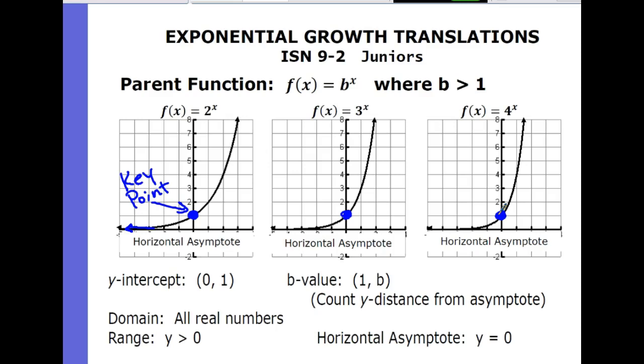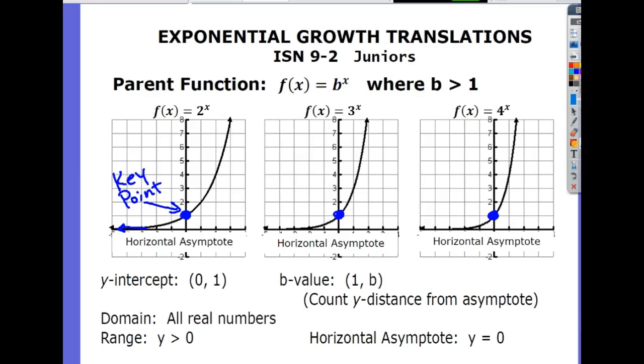Do you see that they all have a y-intercept at 1? And they all have, all of these parent functions have horizontal asymptotes right here.